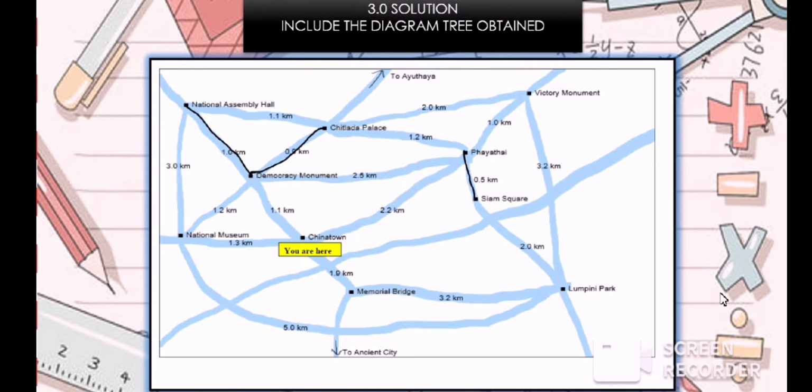The weight is 1.0 km. The fifth edge is Democracy Monument to Chinatown, which the weight is 1.1 km. The sixth edge is Chitiada Palace to Payathai, which the weight is 1.2 km.